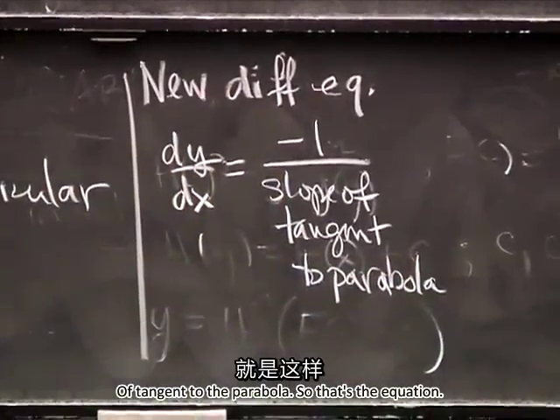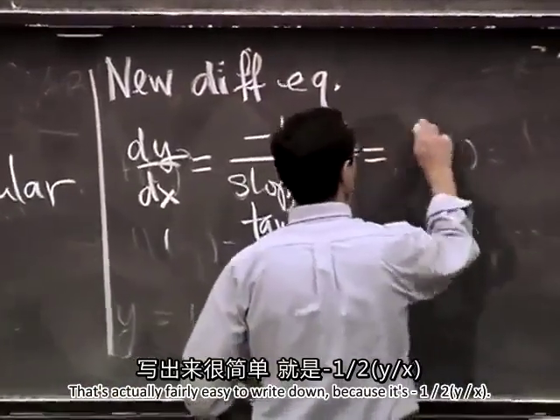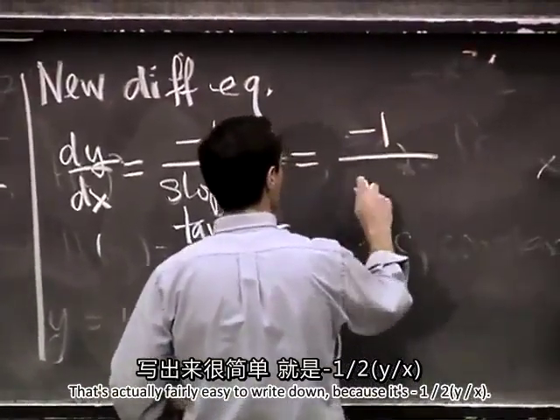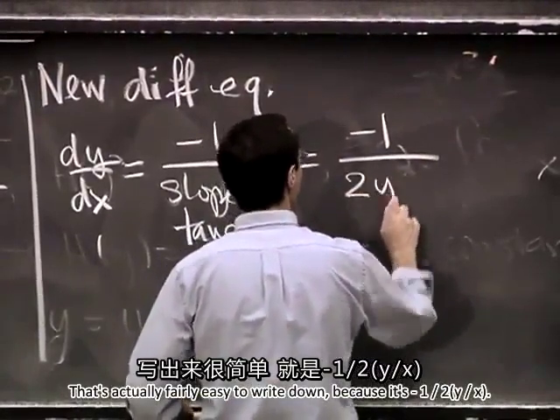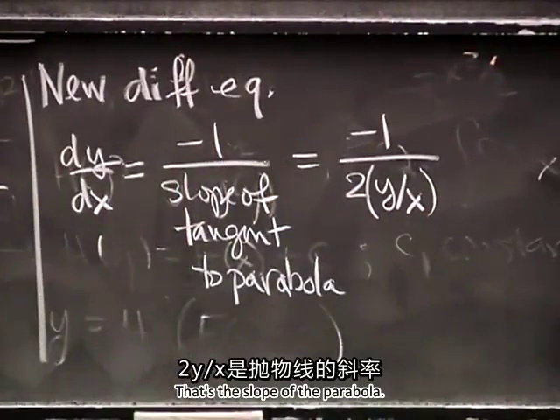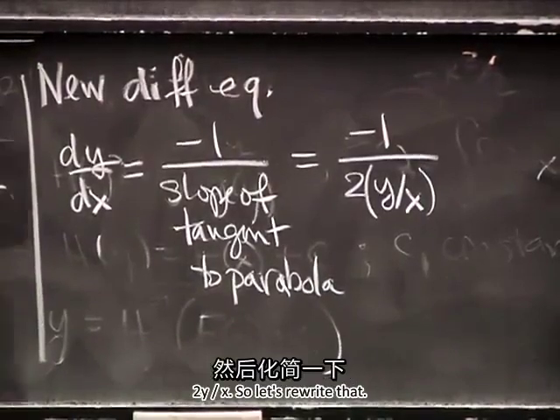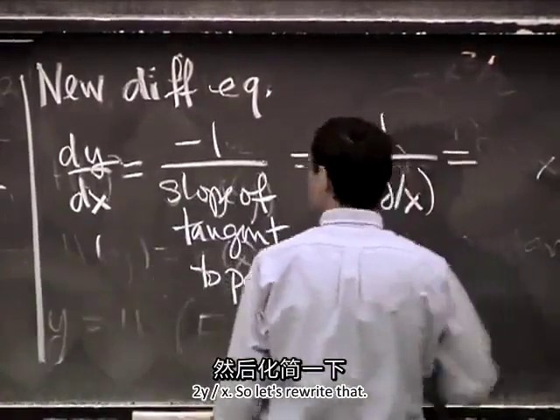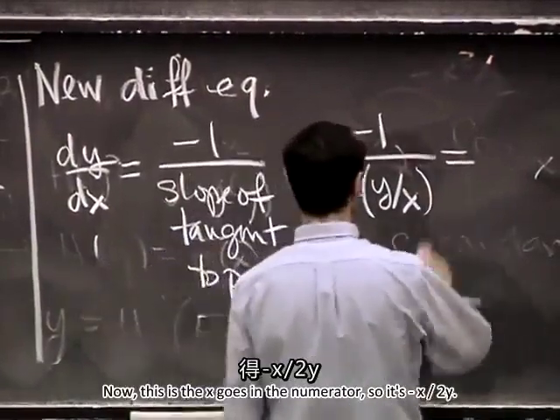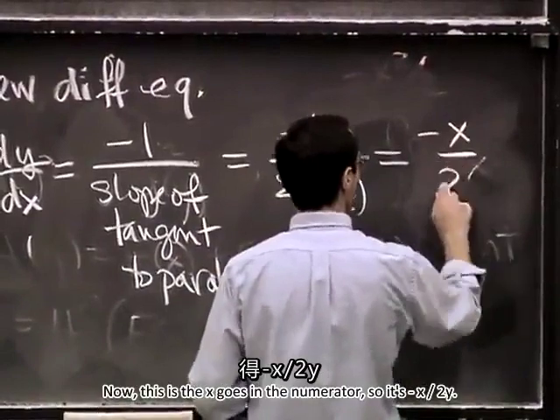Okay, so that's the equation. That's actually fairly easy to write down because it's minus 1 divided by 2y divided by x. Right? That's the slope of the parabola. Right? 2y divided by x. So let's rewrite that now. This is, the x goes in the numerator, so it's minus x over 2y.